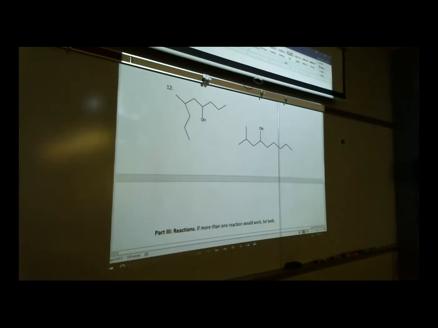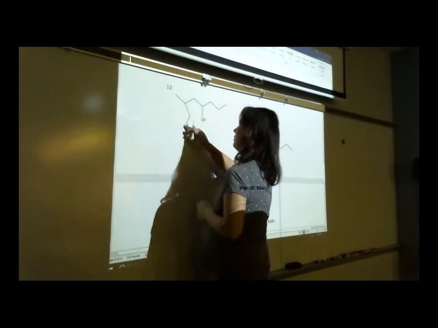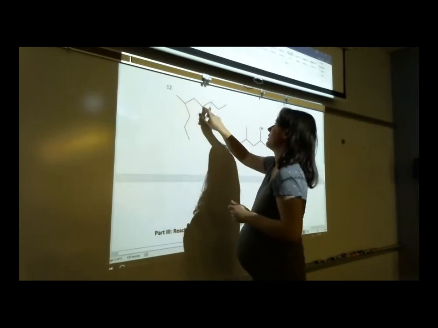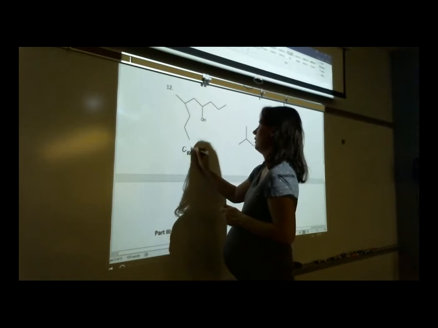And then in this one, let's go through and count our carbons. 1 through 10. So that's C10.